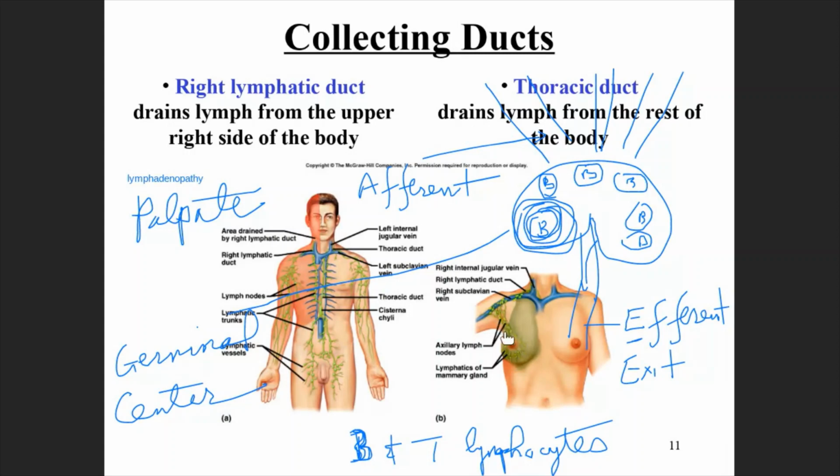So basically, you will remove these lymph nodes and examine whether there are cancer cells there. If it's there, then it suggests that it has metastasized. So we call that stage 4 cancer, for example. Stage 3 or 4 depends on how extensive the metastasis is.